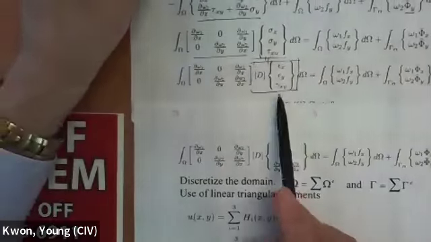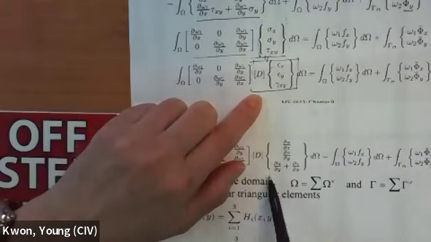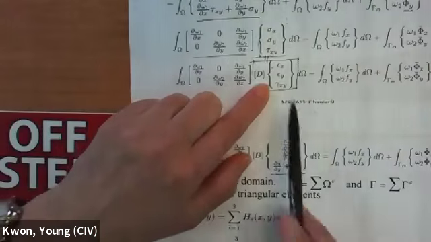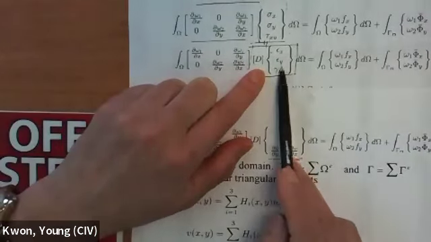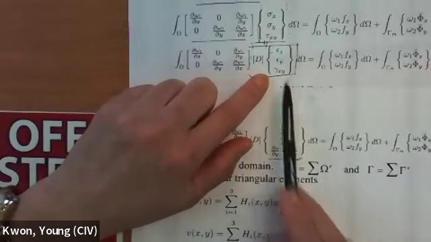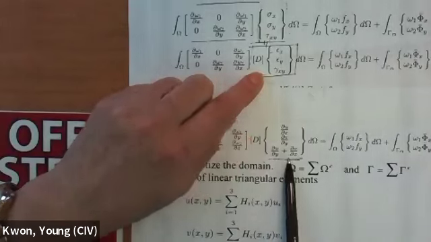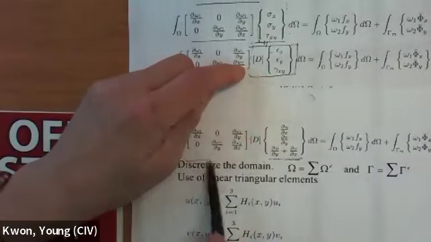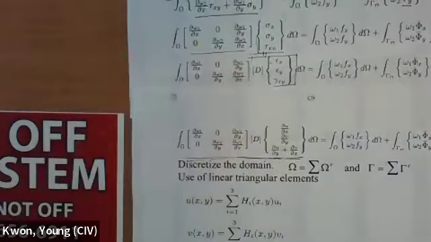So if you substitute this strain by this kinematic equation, epsilon x is replaced by du dx, epsilon y is replaced by dv dy, and this engineering shear strain is du dy plus dv dx, replace that. Then up to here, we have consumed all the equations.